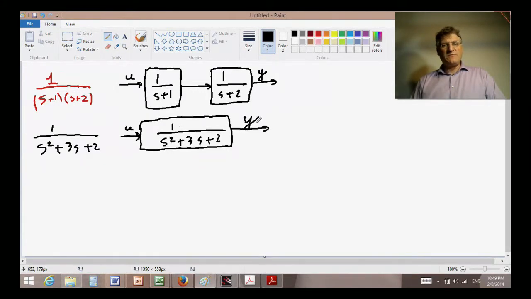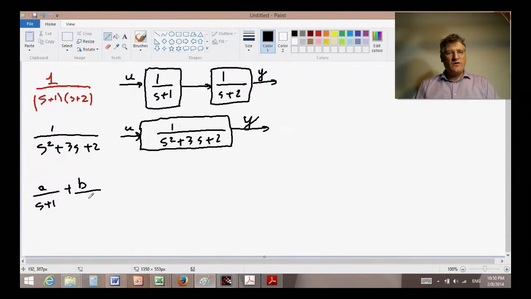Out of which comes y. Last, I can also think of it as a over s plus 1 plus b over s plus 2. Now, we can easily compute that a will be equal to 1 and b is equal to minus 1.